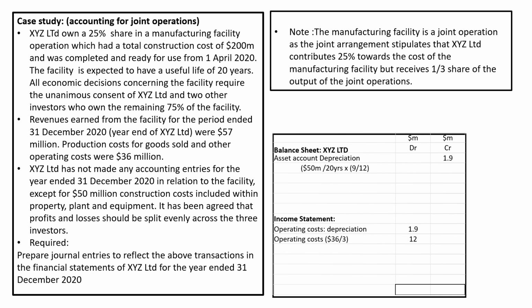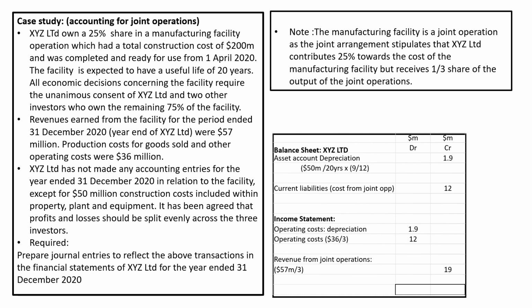The operating costs is given as 36 million. Each investor has to share 1/3 of the cost, so 36 divided by 3 gives us 12. And as we haven't paid for this, we have a current liability in the balance sheet of XYZ of 12 million.